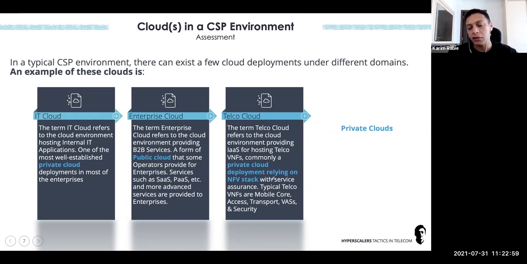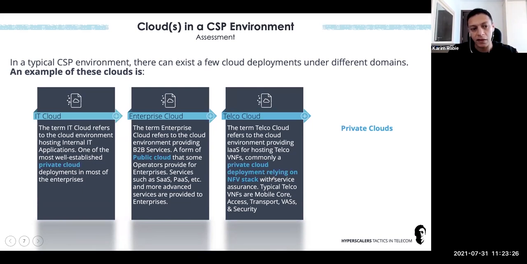So telco cloud initially is a flavor of a private cloud, but the deployment itself is somewhat tied to the HCNFV stack. They have different functional components, different from the IT cloud. They have the MANO, the NFVO, the VNFM. And one of the characteristics of this telco cloud is that it is integrated to the OSS for the assurance.